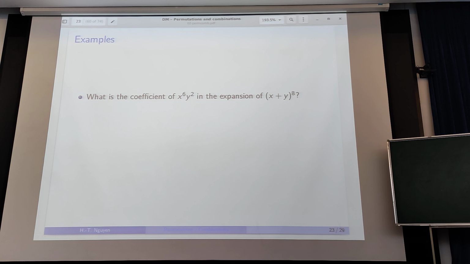Okay. So write quickly. So here what is n? n is equal to 8, i is equal to 2. Okay, so you can plug in the formula. So the coefficient is 8 choose 2 or 8 choose 6. It's the same.